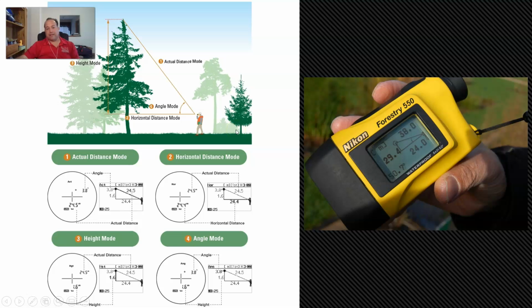So there are lots of different things that this little apparatus can tell us. Angle mode is useful if we were looking for slope, but the laser does all the math for us, takes out a little bit of the guesswork, and allows us to move quicker in terms of doing our inventories.